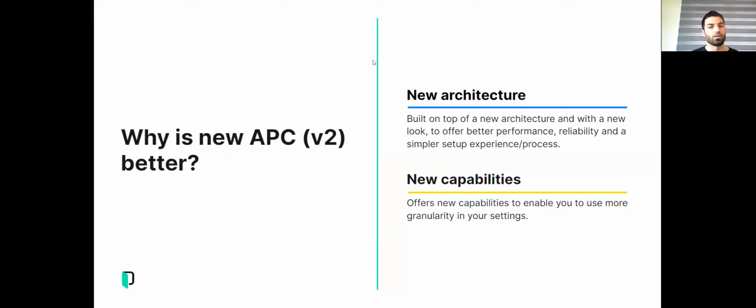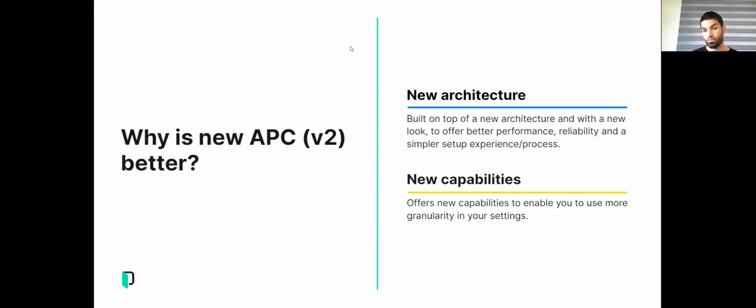And knowing the importance and value of automated project creation for our users, we have been working on our APC feature for some time now, and we have come up with a new version of it, APC version 2. This version is better because it comes with a new architecture and it now offers some new capabilities.